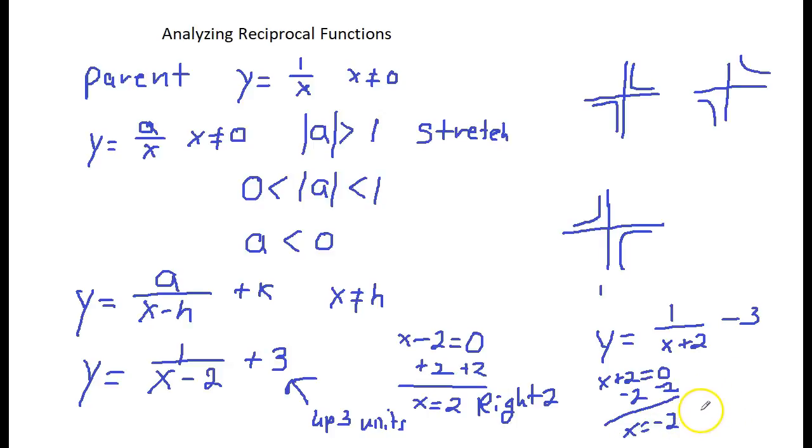So that is a shift left 2 units. And what does this do? Well, that minus will shift it down 3 units.